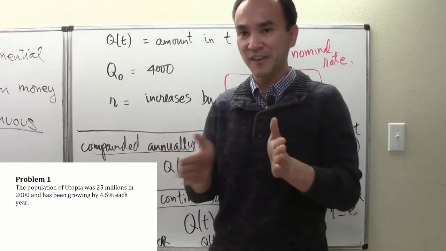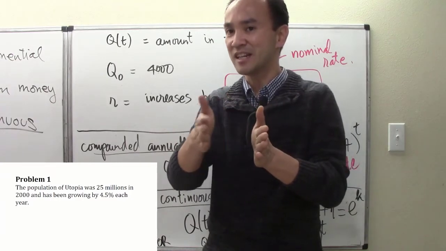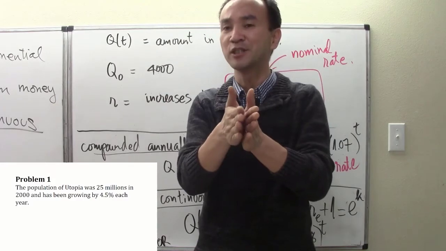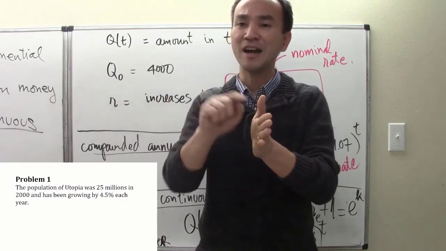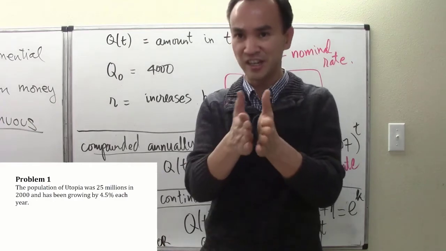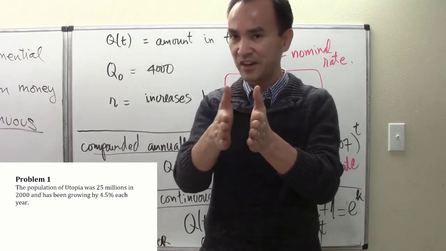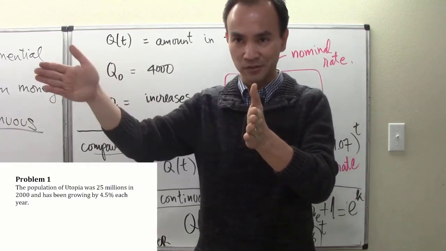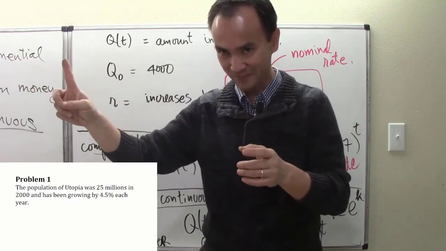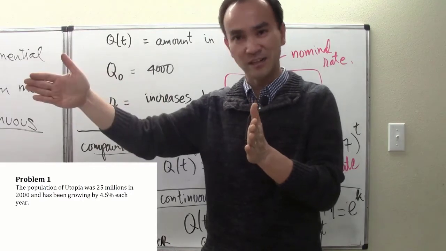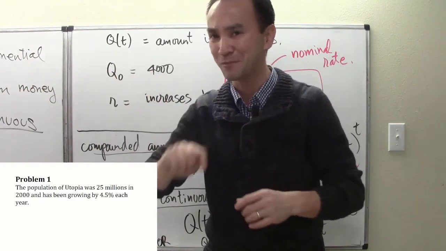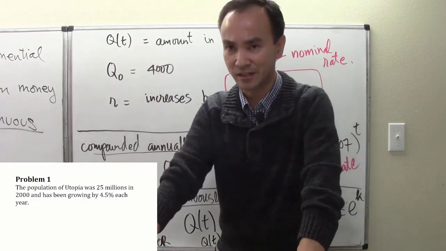As a matter of fact, it's a steady, continuous process from every second and instance after the time instant that we observed there were 25 million. Then exactly one year later, all we can do is observe that it has grown by about 4.5%. Now I'm using that term observe.